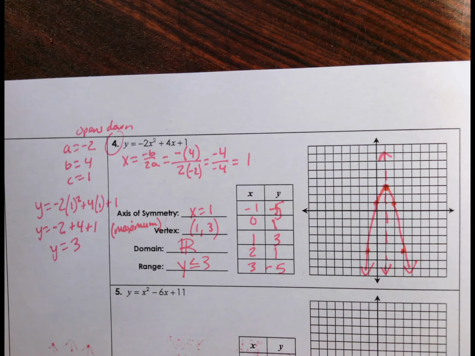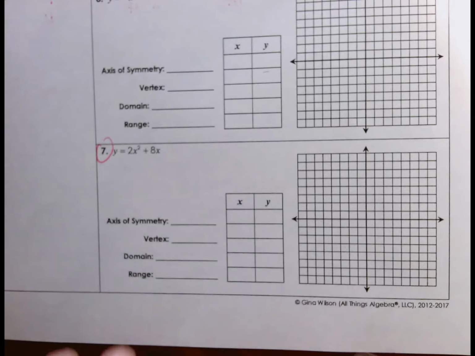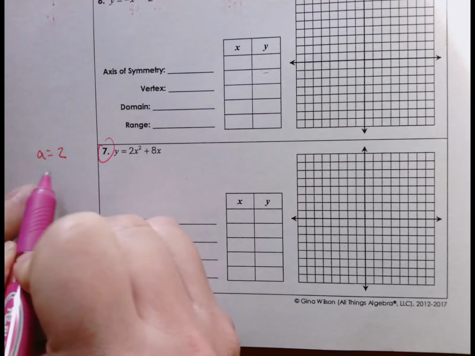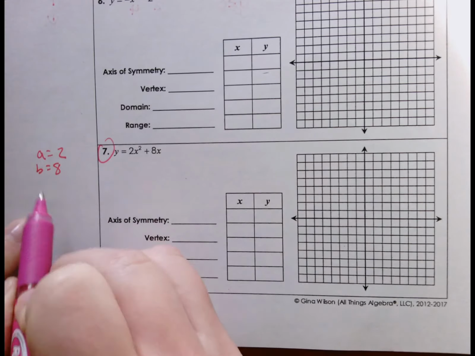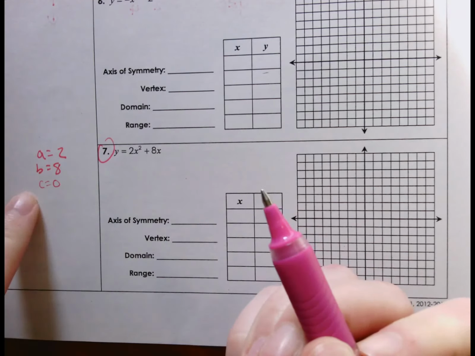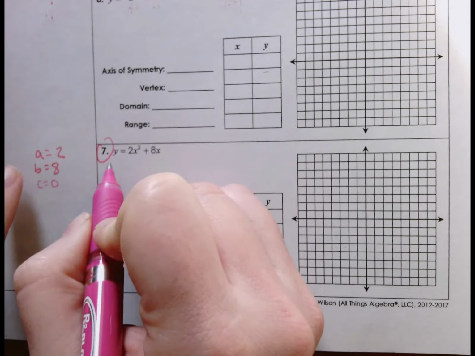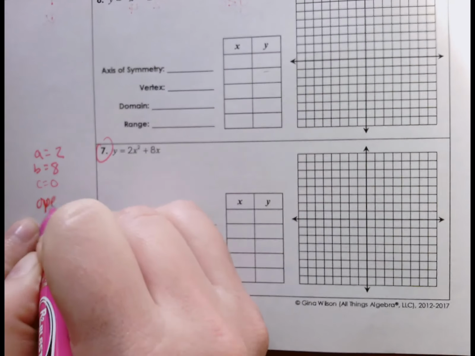Now, we have one more example. I'm going to drop down and do number 7 with you. If you look at it, we have a equal to 2, b equal to 8, and remember there is no c value, so c is equal to 0. To find my axis of symmetry, first let's remember this is a positive a, so it's going to open up.